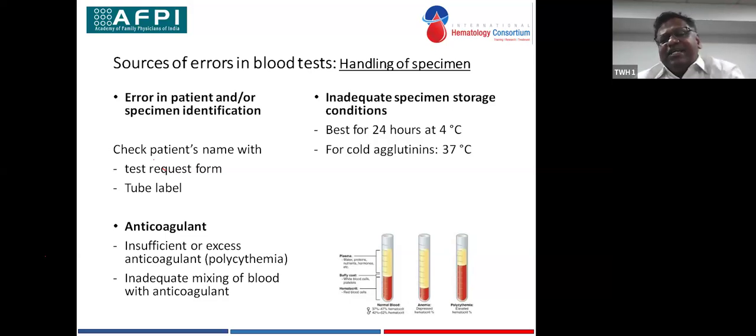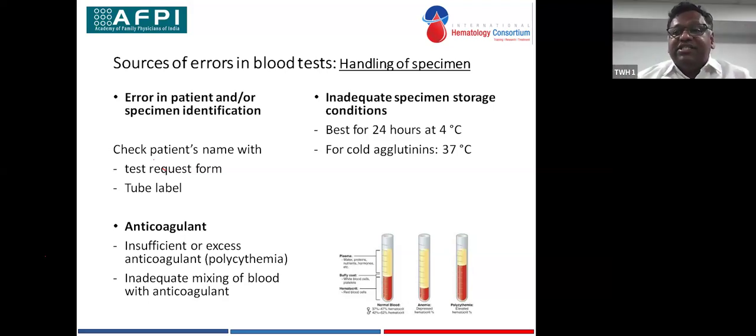There are some tests such as cold agglutinins, and we'll come to this in the anemia, hemolytic anemia class, where you have to collect the sample and store it at body temperature. So if we are suspecting cold agglutinins, we take a water bath, heat the water at 37 degrees, and keep the syringe and needle at 37 degrees.